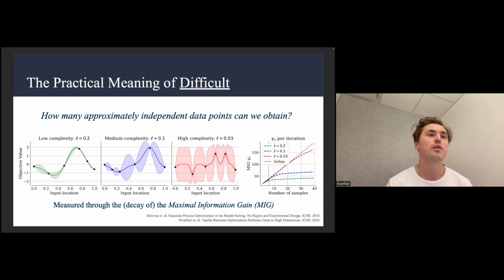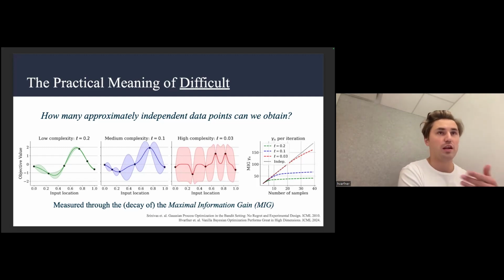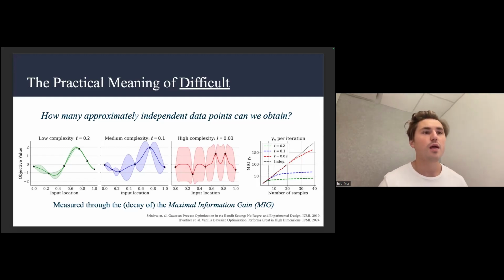Whereas with this blue one, we can fit a few more, but then the information gain starts to decrease a lot more. Whereas with the red, we don't deviate from this line where we can constantly add more points and are still not saturated a lot later at approximately 20 points.